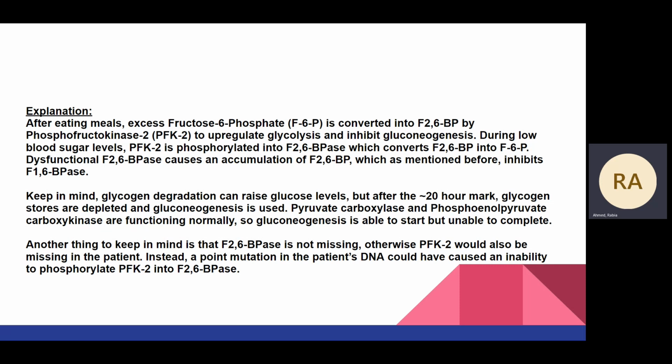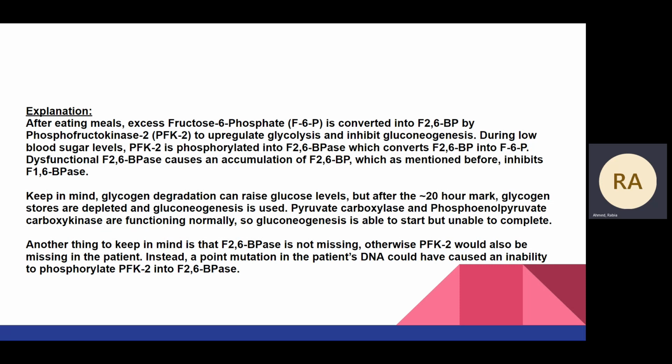During low blood sugar levels, phosphofructokinase 2 is phosphorylated into fructose 2,6-bisphosphatase, which converts fructose 2,6-bisphosphate into fructose 6-phosphate. Dysfunctional fructose 2,6-bisphosphatase causes an accumulation of fructose 2,6-bisphosphate, which, as mentioned before, inhibits fructose 1,6-bisphosphatase.